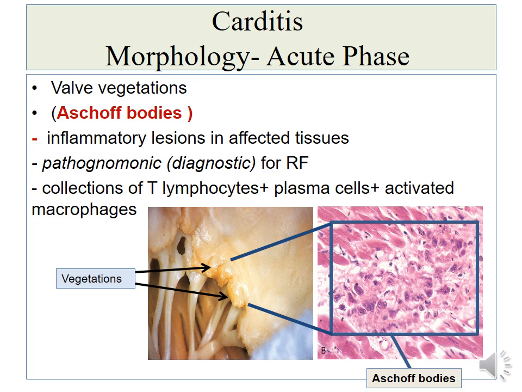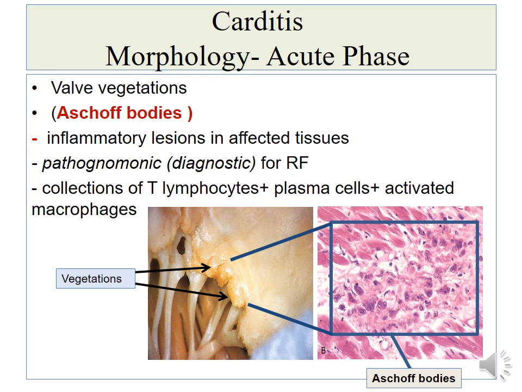In all of the affected parts of the heart that have the inflammation, there will be something very characteristic of rheumatic carditis or rheumatic fever. This characteristic lesion is called Aschoff bodies. Aschoff bodies are inflammatory lesions that can be seen in the affected tissues with rheumatic fever.